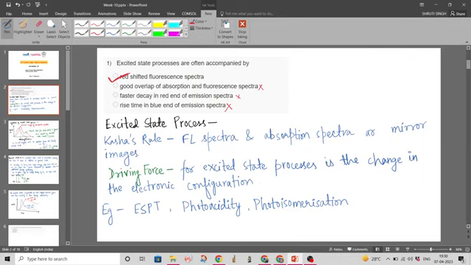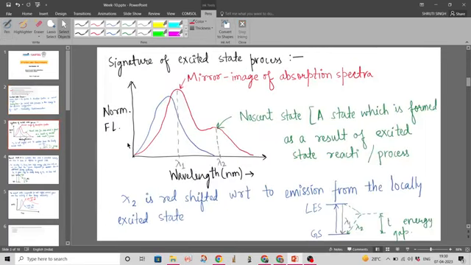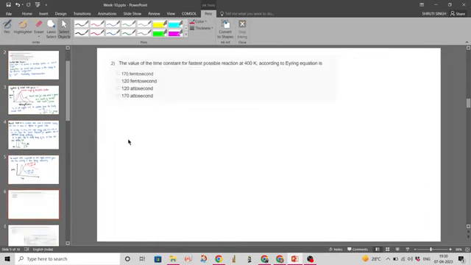Okay. Let's move to the next question. The next question is: the value of the time constant for the fastest possible reaction at 400 Kelvin according to the Eyring equation. We have discussed half of this question.